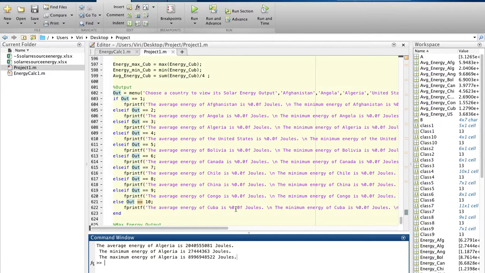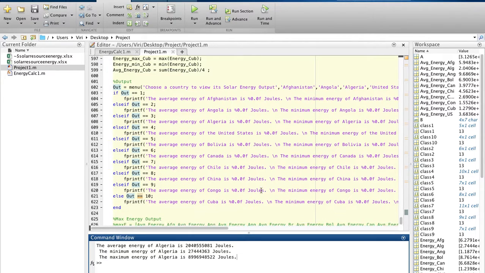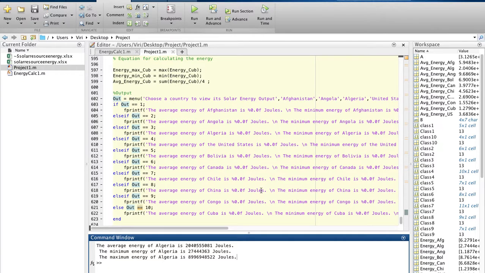This sort of code will be beneficial to somebody working in improving the solar resources by being able to compare and see which country is being more efficient in their use of it. This would be very easy for them to compare numbers.